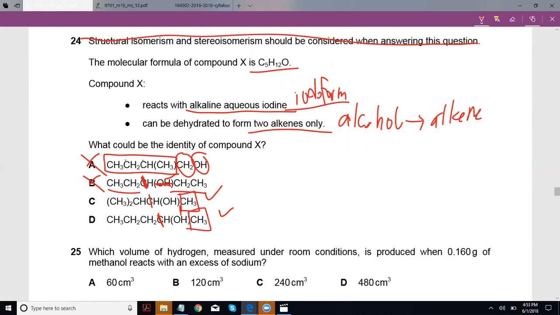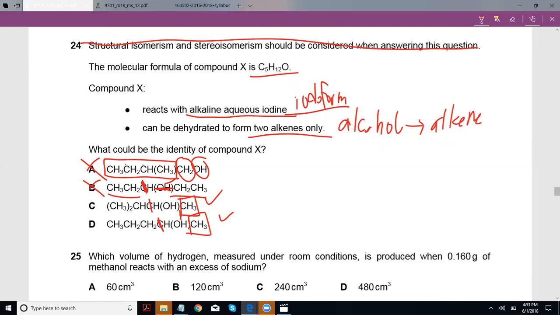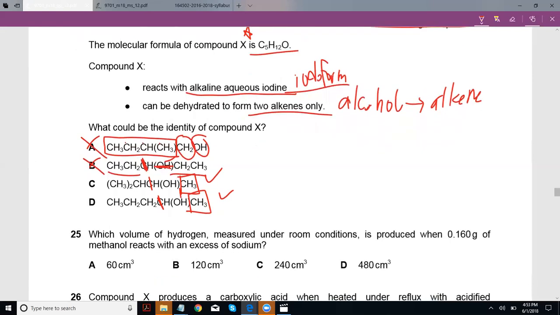But the other thing we have to look at is how it can be dehydrated to form two alkenes only. I understand by two alkenes, I believe they're also including stereoisomerism. So if you dehydrate C, this would be CH3, CH3. H would disappear from this particular C because H2O has to go away.